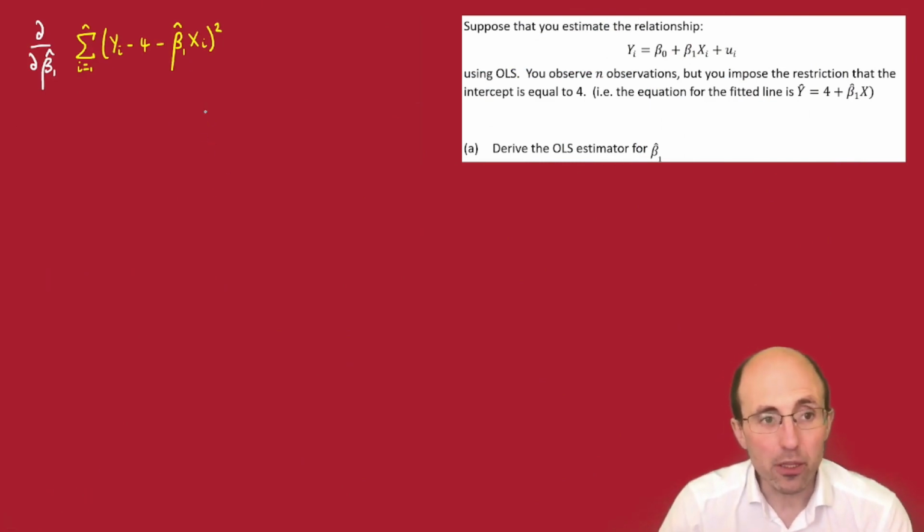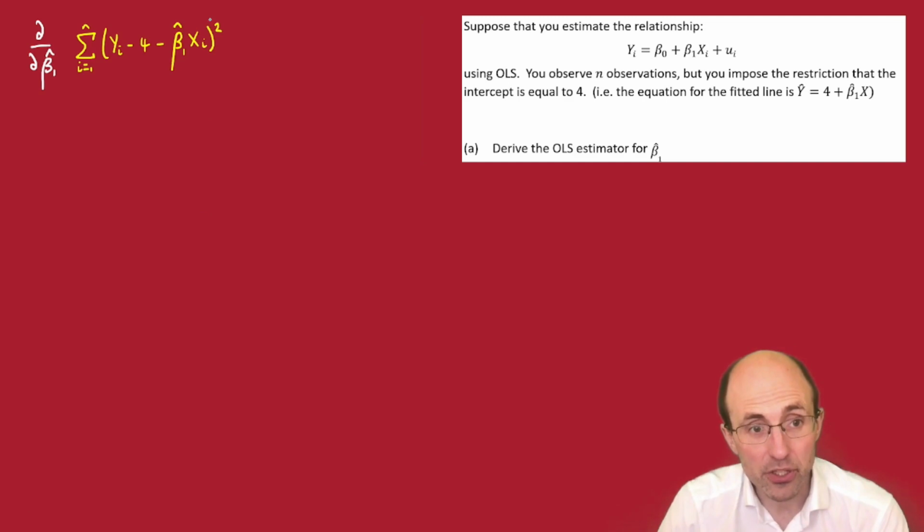Now we've seen that when we're differentiating this summation, we can treat it as if we're using the chain rule, in that we can bring the 2 down the front, we lower the power by 1, so that power will become 1 here, and then we multiply by the derivative of what's inside the brackets.